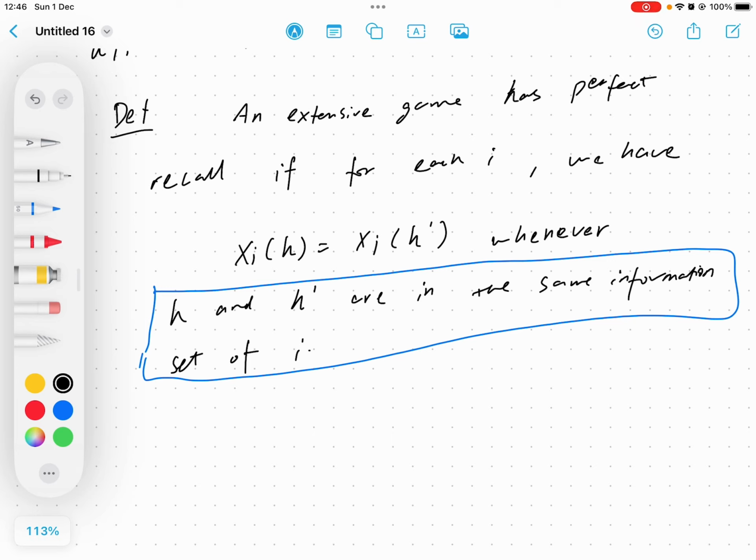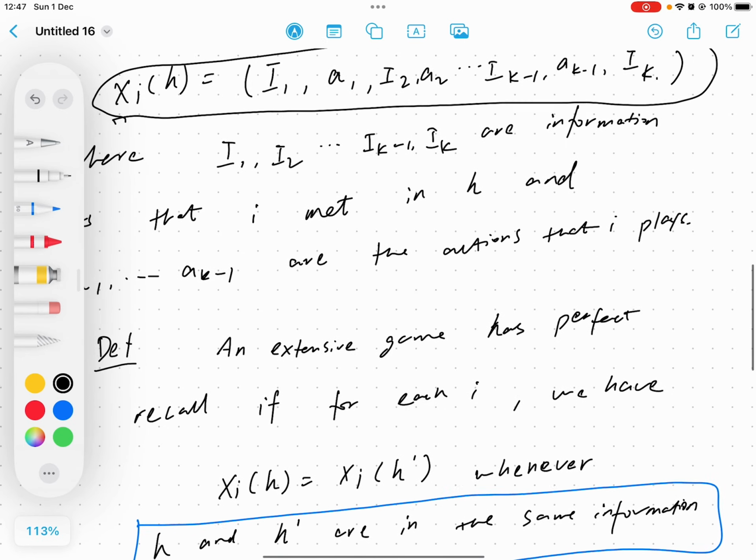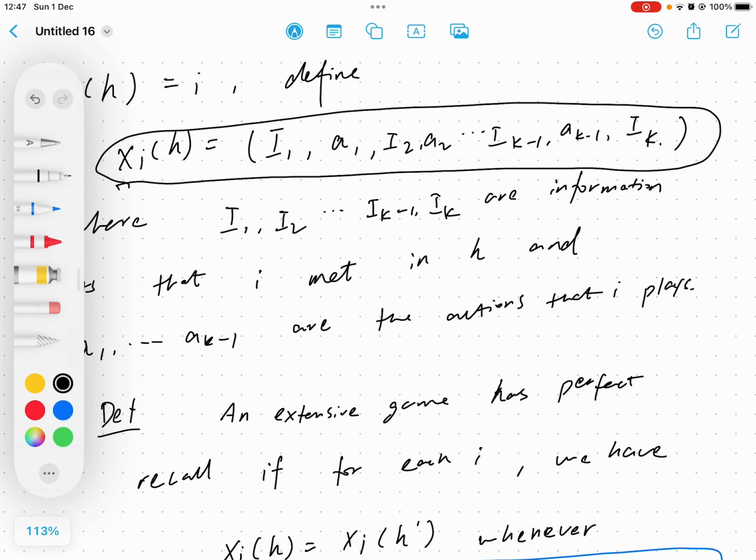If different histories are in the same information set, at the same stage, then they should give exactly the same information sets and actions in the history, which is given by this xi function.